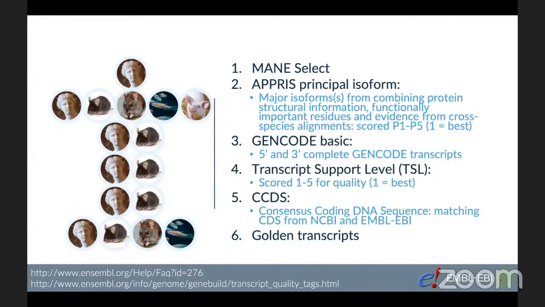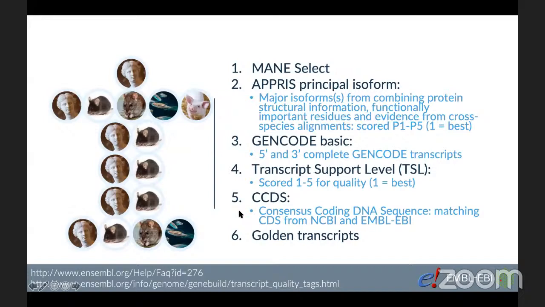So we would still make a transcript annotation, even when it seems that the transcript might be incomplete, so it might be missing either the 5' or 3' bit. And those incomplete transcripts are then filtered out for GENCODE Basic. We then have the transcript support level, which also scores transcripts from 1 to 5, with 1 being best.